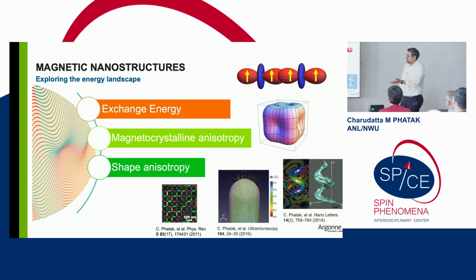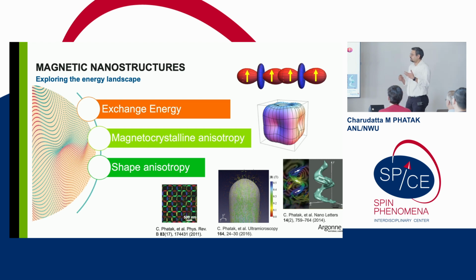Basically in these magnetic structures, the domains are formed in order to minimize the total energy of these structures. And when we move to 3 dimensions, that provides more opportunities where these energy terms can compete with each other and can lead to more complex domain structures that can be stabilized.